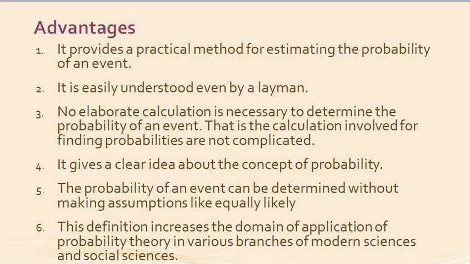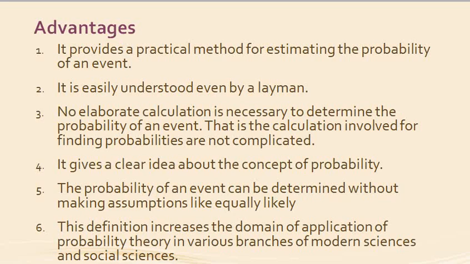So the advantages of this definition. It provides a practical method for estimating the probability of an event. It is easily understood even by a layman. No elaborate calculation is necessary to determine the probability of an event, except that we have to go for the limit, or find a large n for which this ratio approaches a constant.